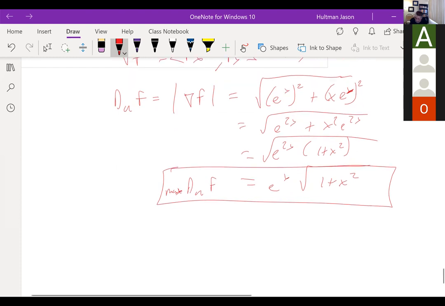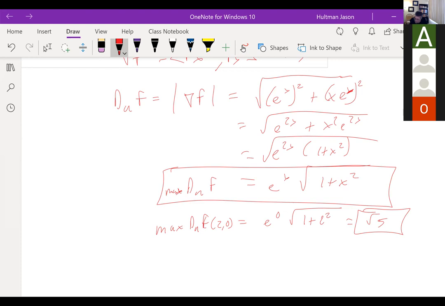We want to know the max directional derivative of f at (2, 0). So this is e to the 0 times the square root of 1 plus 2 squared, which is radical 5. So radical 5 is the maximum rate of change here.